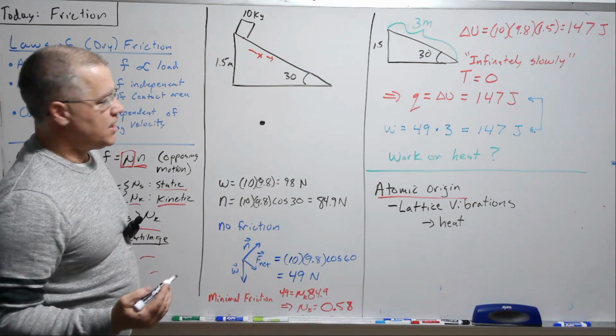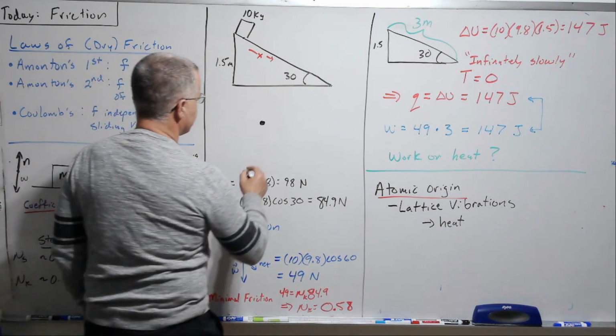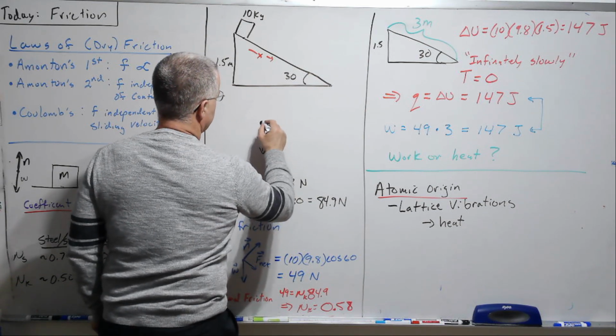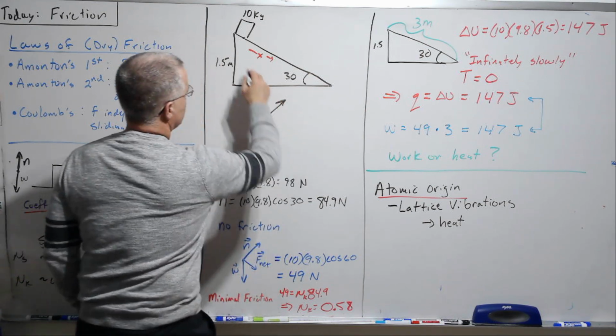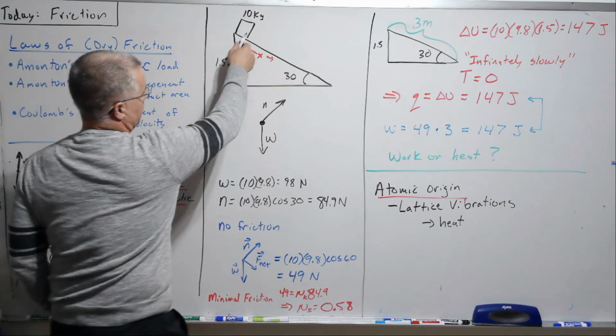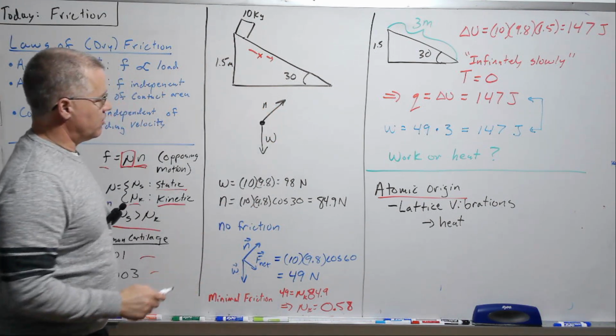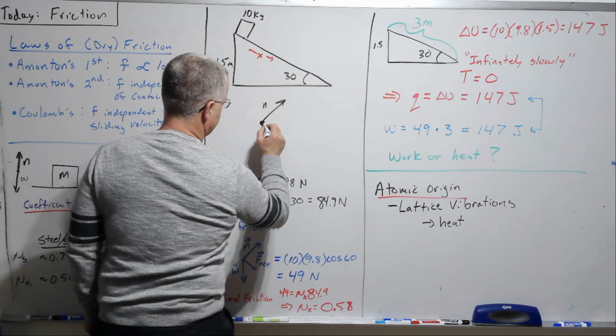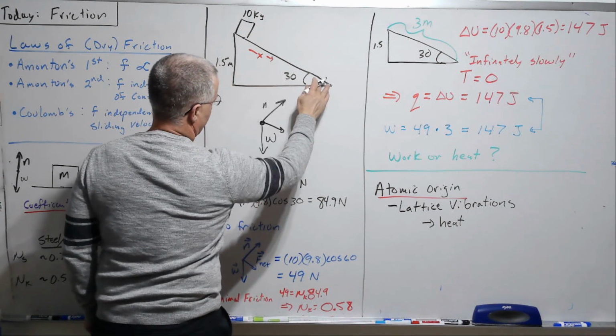So let's think about a couple of free body diagrams that we could draw. If there's no friction, we have weight, and then our normal force is always perpendicular to the point of contact. That's what it means to be a normal force. And so there's going to be a net force off in this direction, right down the ramp.